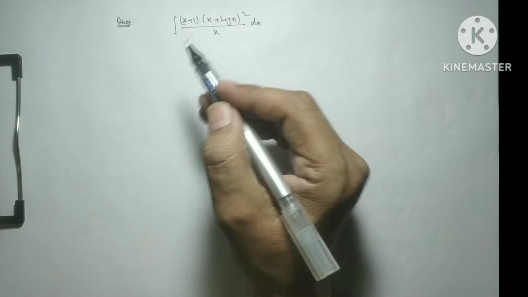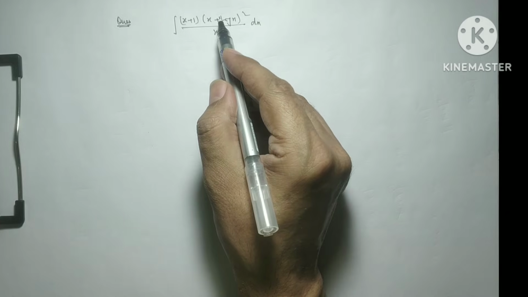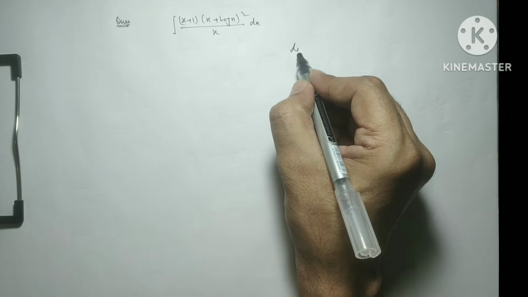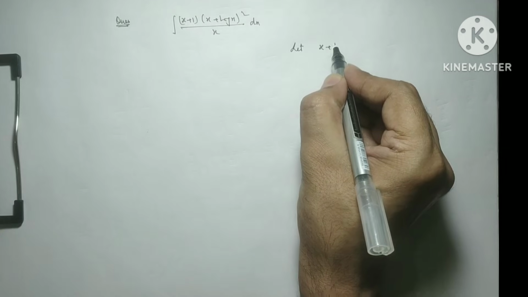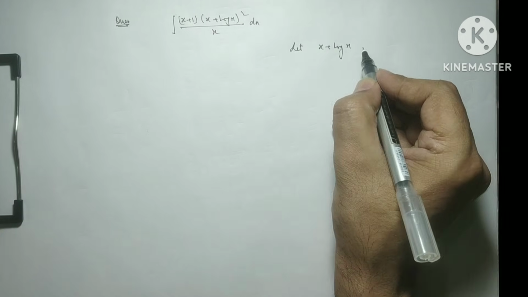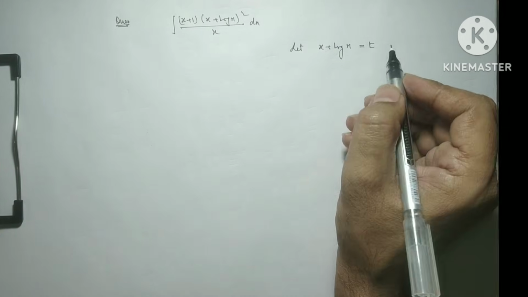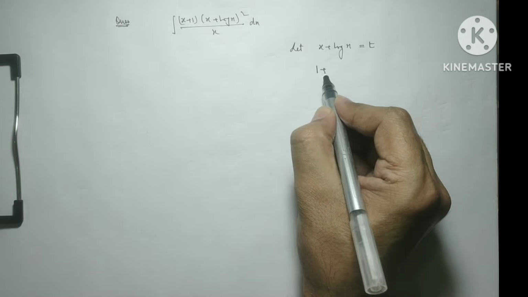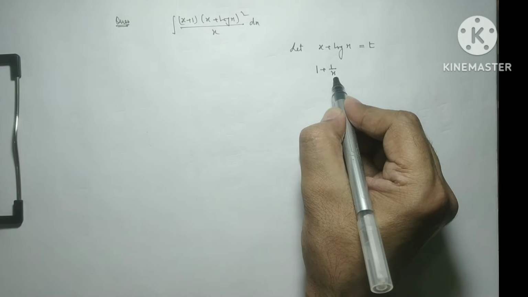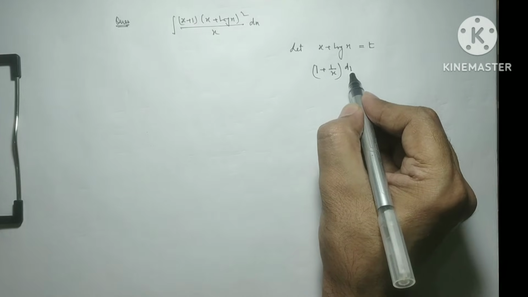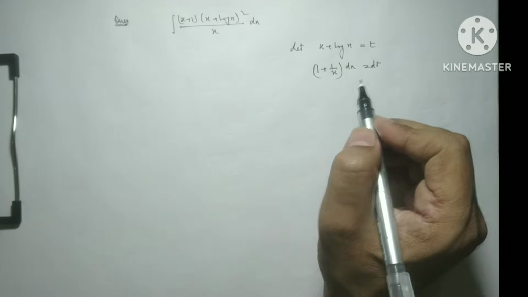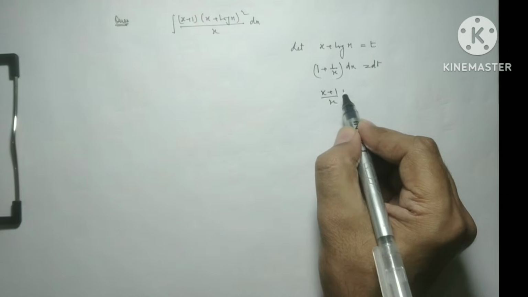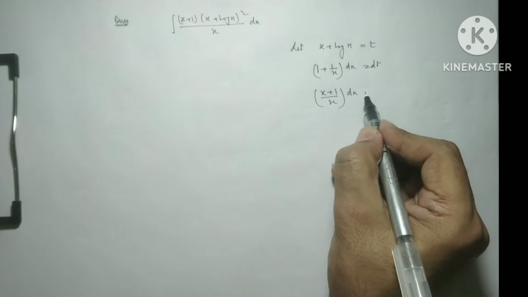That's why we substitute some portion, like we have x plus log x, so we consider it as t. On differentiation we get x as 1 and log x as 1 over x, and this is dx and dt. So it becomes x plus 1 over x dx is dt.